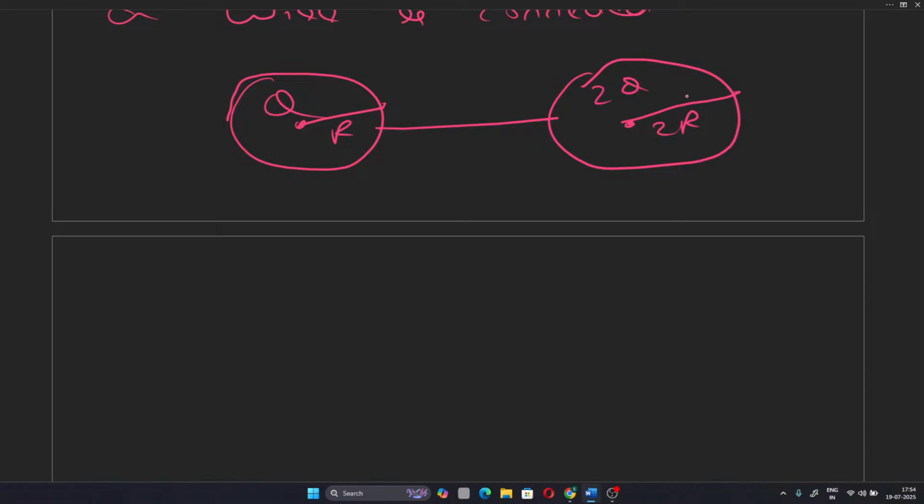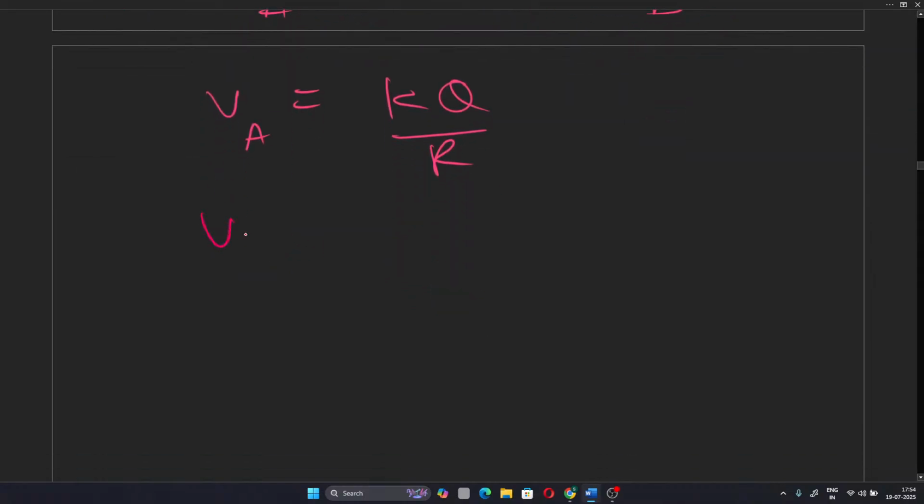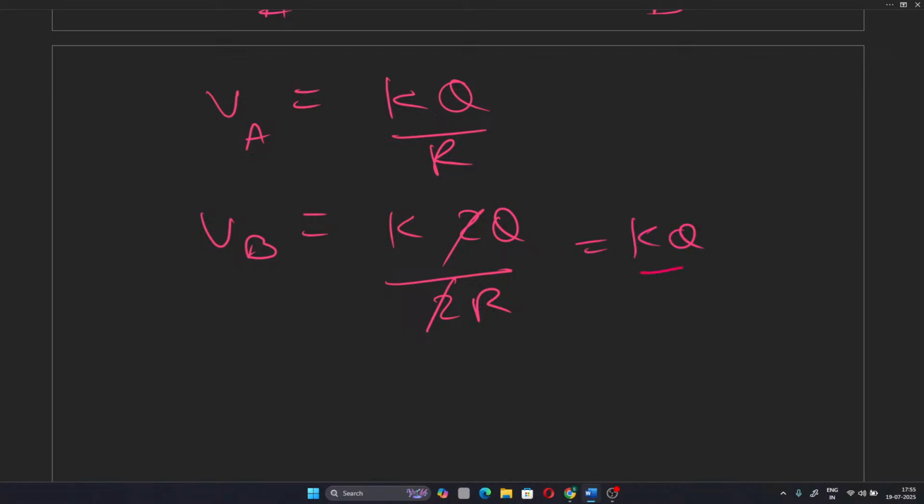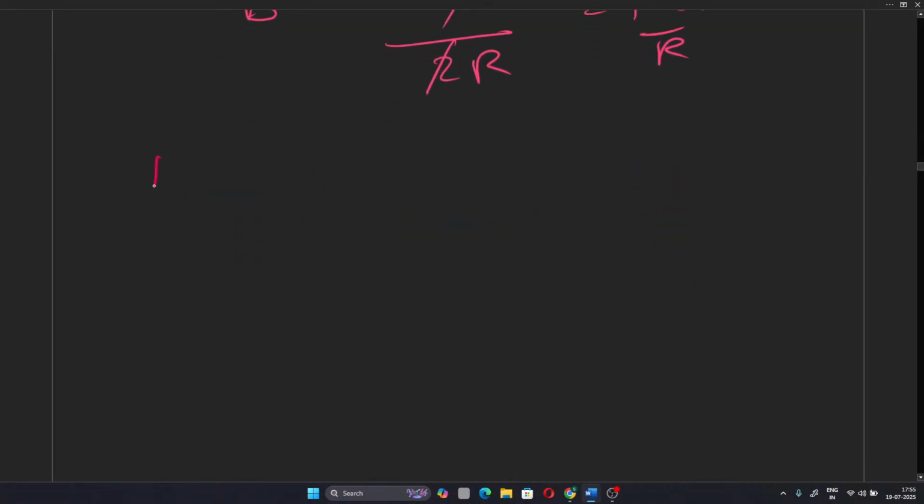There will only be flow of charge if there is a potential difference. So let's calculate the potential difference. Potential due to sphere A and sphere B: VA equals KQ by R, and VB equals K2Q by 2R, so equals KQ by R. When we take the potential difference, there should be a potential difference, then only the charge can flow.